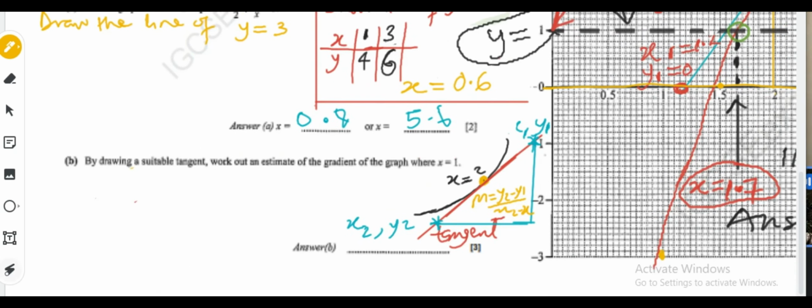Please, the last question for this one. Read it out. By drawing a suitable tangent, work out an estimate of the gradient of the graph where x is equal to 1.